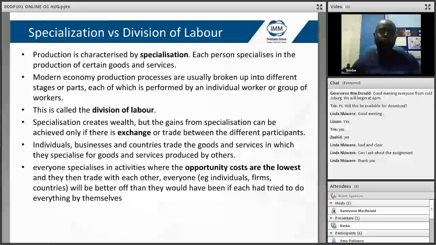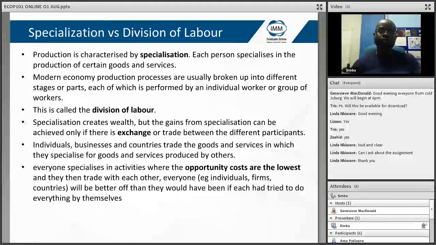You also need to know, if you look at your assignment there, we have a section which asks about specialization and division of labor. When you talk about division of labor there, we are simply saying that is when you break down production processes into smaller parts.